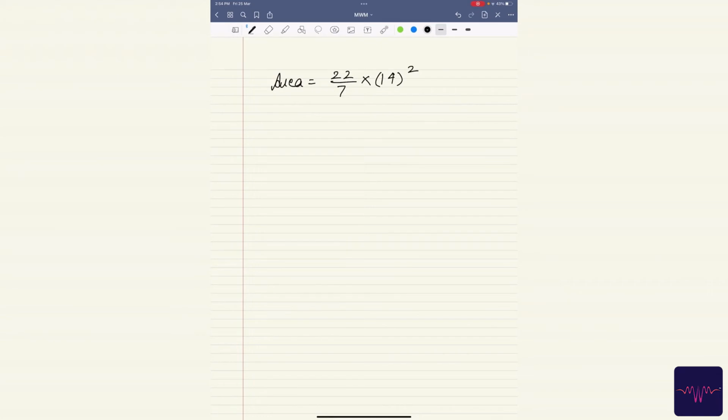Now some of you might write 14 square as 196. Don't do that. It's always easier to divide first and multiply later, because it will save you some effort. Now here we will multiply 28 by 22 and we'll get an answer.